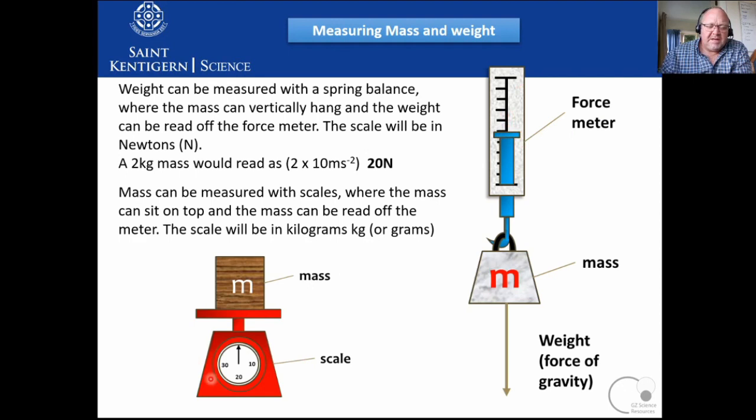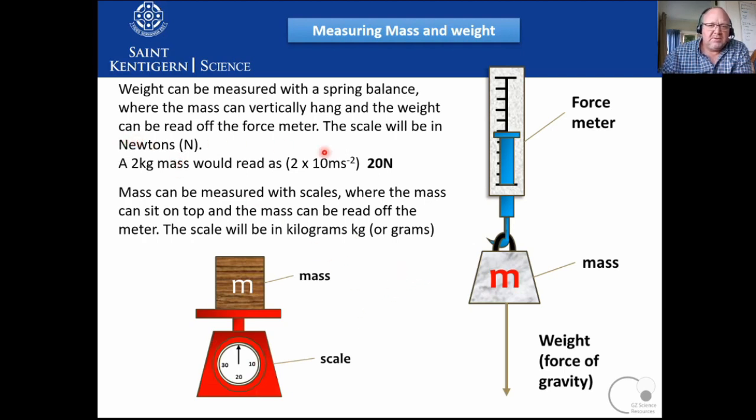In your bathroom scale, you're actually measuring the mass of yourself, but they've already calculated that and multiplied it and got it into your weight force. So if your mass changes, your weight force changes, therefore you either gain weight or you lose weight.